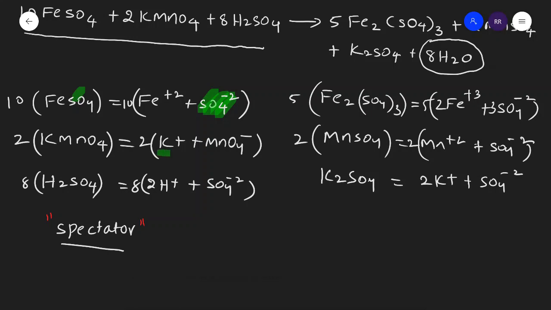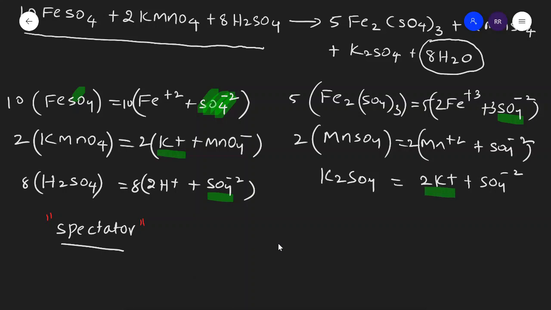Is K plus involved in the reaction? No. So it could be a spectator ion at the reactant side. And here also we have SO4 minus 2. At the product side, we have SO4 minus 2 spectator ions and K plus. Right.